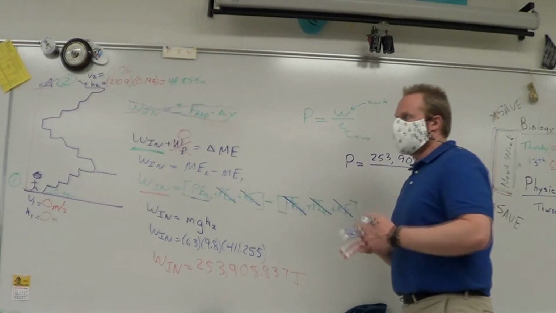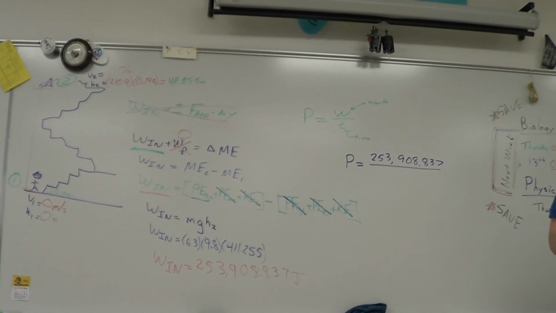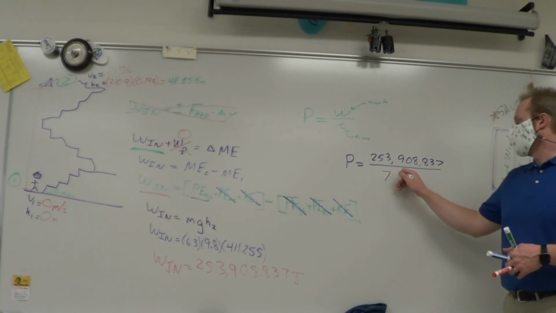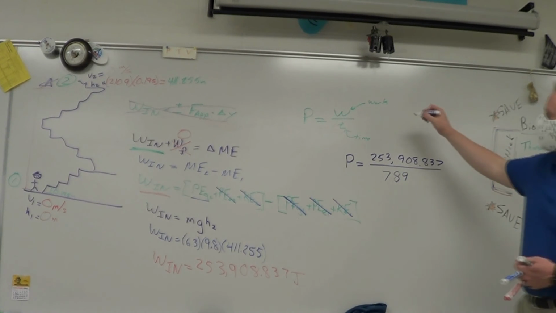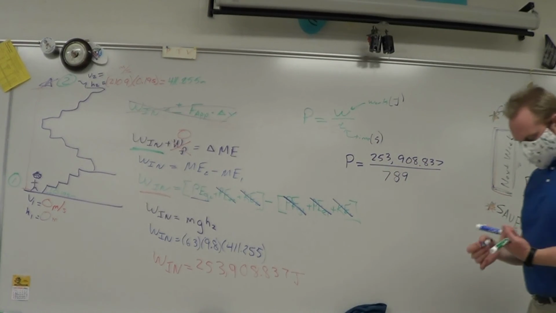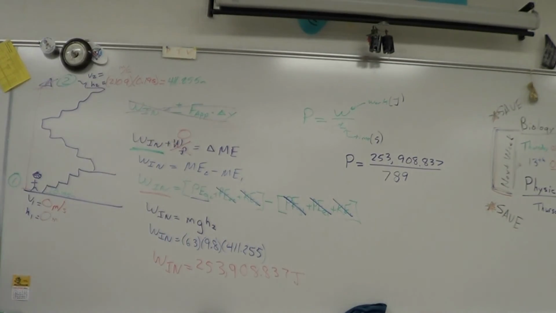And it took him 13 minutes and 9 seconds, which I just took 13 times 60 plus 9, to get 789 seconds, because it has to be in seconds. This has to be in joules. This has to be in seconds. So if you take more than a minute to climb the flight of stairs tomorrow, you'll have to convert that into seconds, but I think we'll be okay with that.